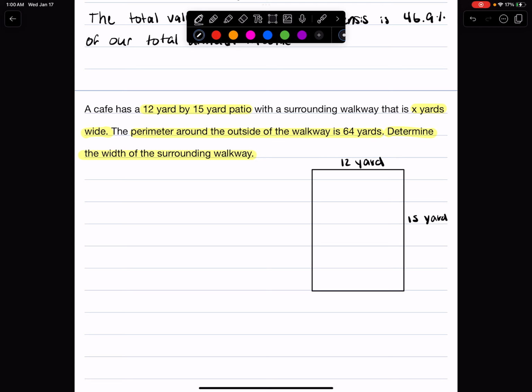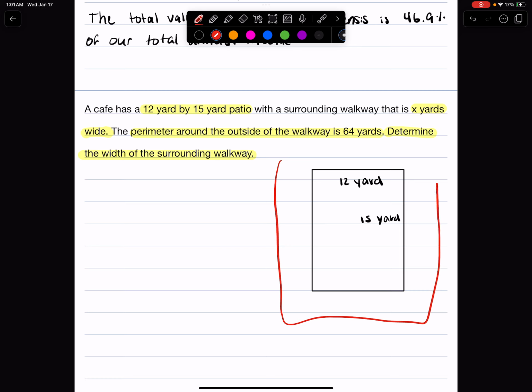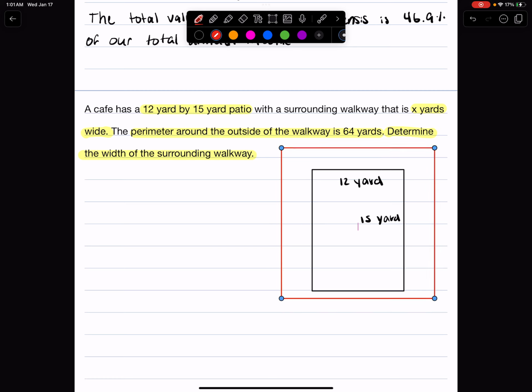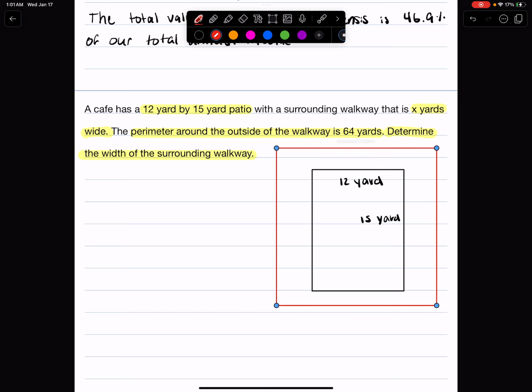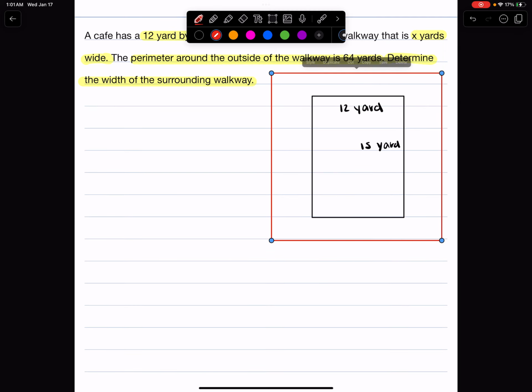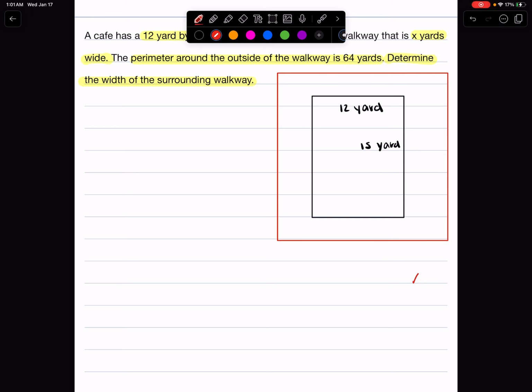And then we also know, and I'm actually going to put this inside the box, that there is a walkway around it. So we have this big walkway around it. And we're assuming that it's symmetric all the way around. It's just kind of hard to do with drawing, but just assume that it's symmetric. And we know that they are representing the width of this walkway with X.